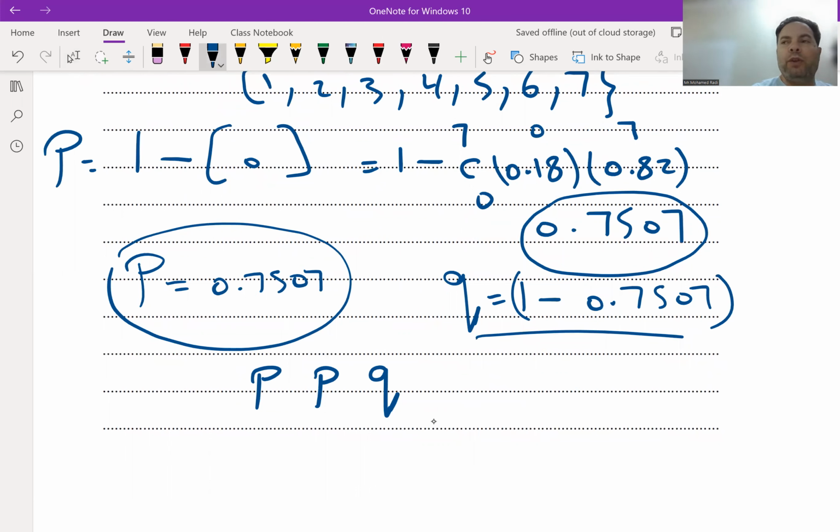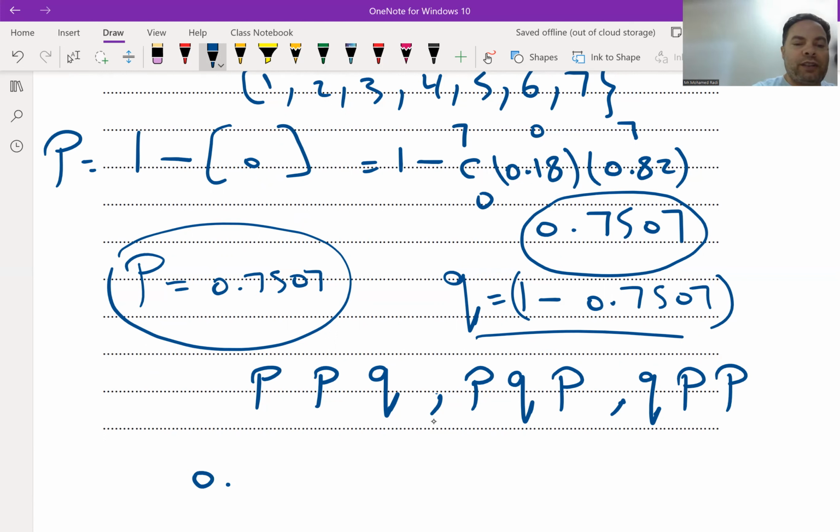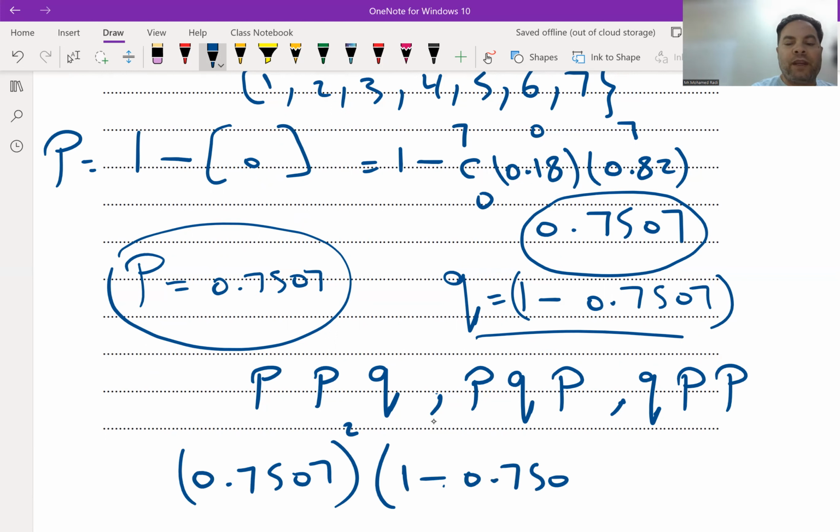But there are permutations: maybe P, then not, then P. Maybe Q, then P, then P. So multiply your answer by 3 because of the arrangements. So the first success is 0.7507, multiplied by itself, squared, multiplied by Q, which is 1 minus 0.7507, and this is repeated 3 times.